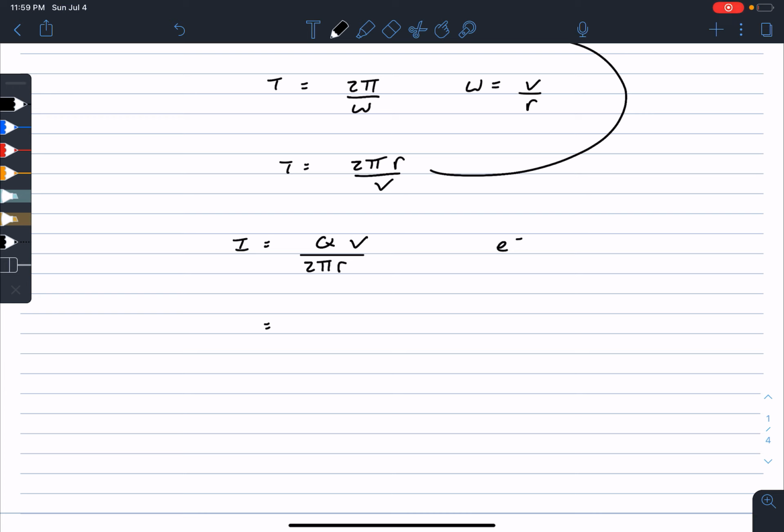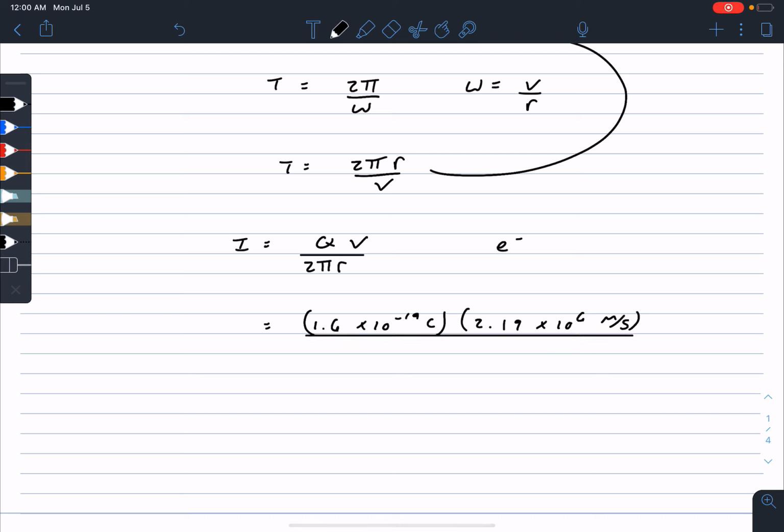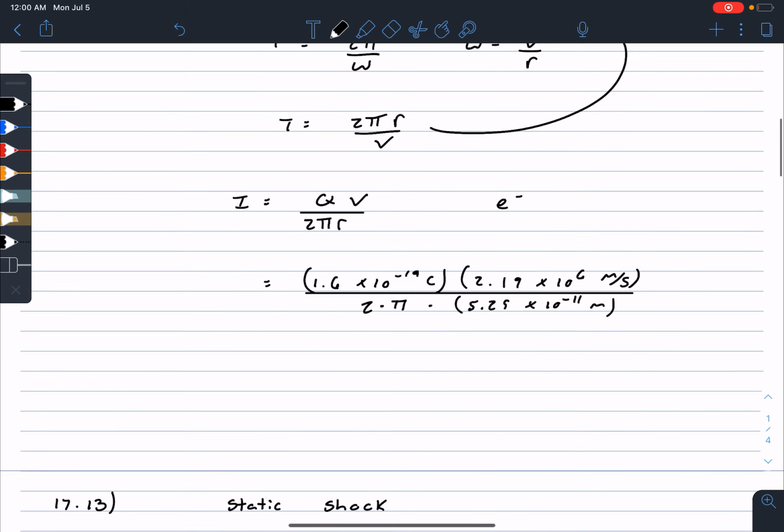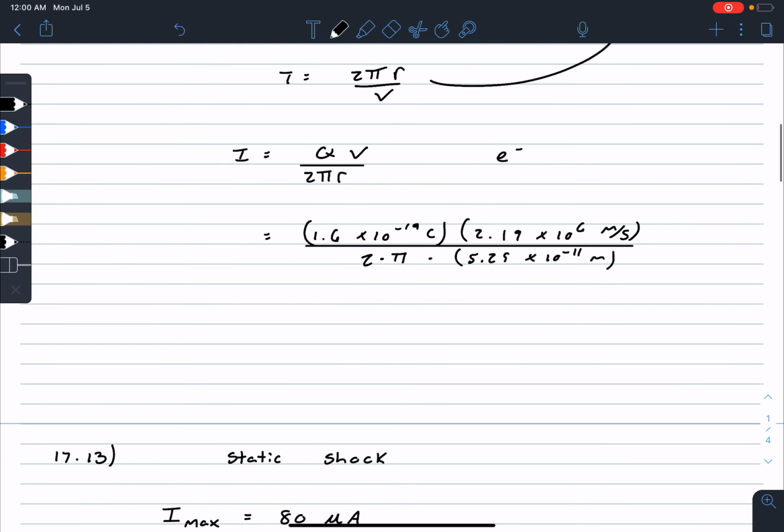We have 1.6 times 10 to the negative 19 coulombs. That's the charge of the electron, times, we're told, 2.19 times 10 to the 6 meters per second. This is all over 2 times pi times 5.29 times 10 to the negative 11 meters. That's the size of the orbit.